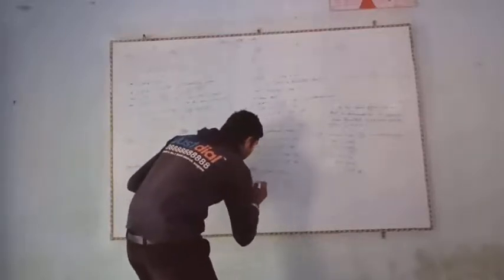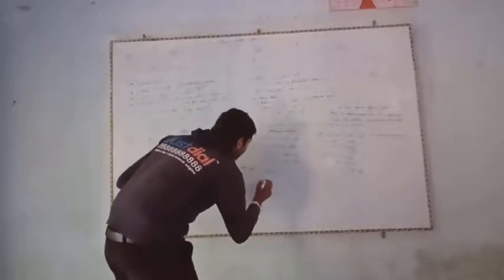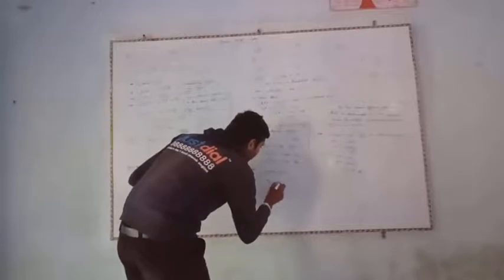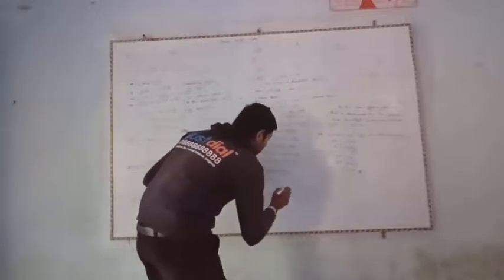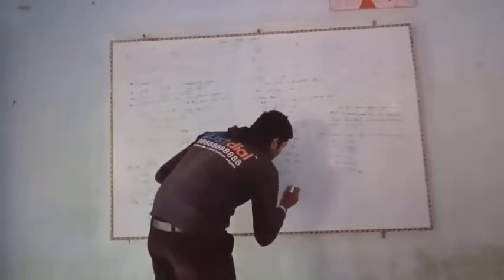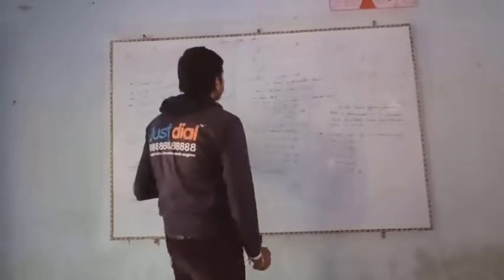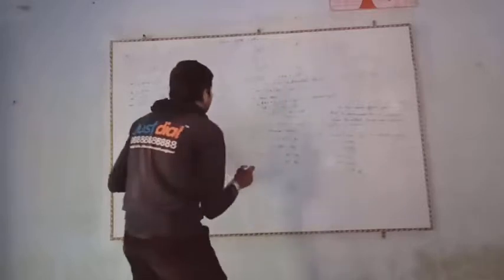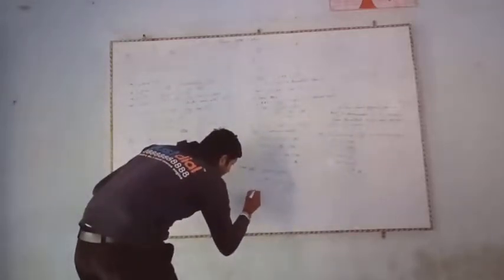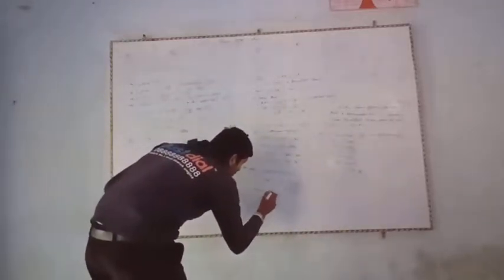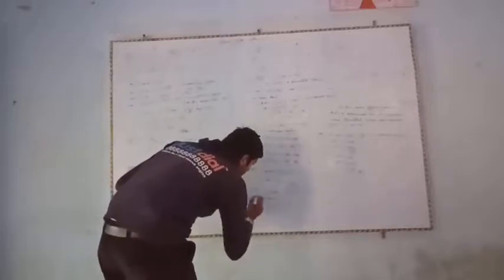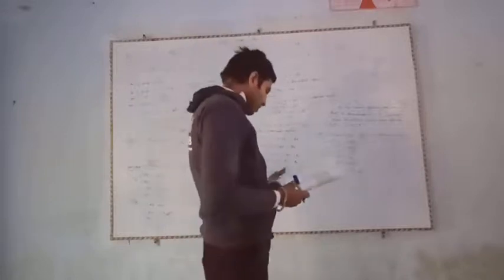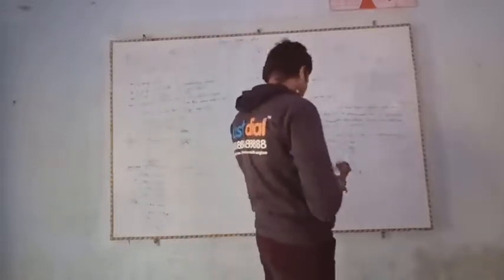So angle EOA is equal to 72 degrees plus angle EOC is equal to 60 degrees, which is equal to 132 degrees. This is our exact answer. So from here, angle AOC is equal to 132 degrees, which we had to find. So this is our answer, and question number 7 is solved.